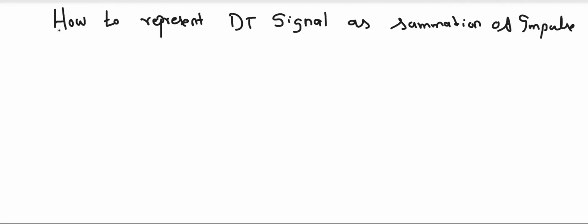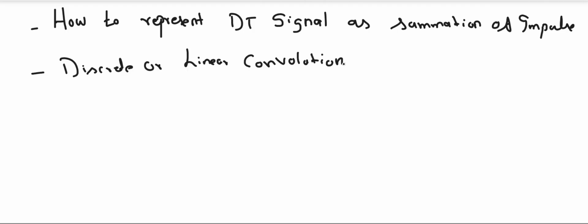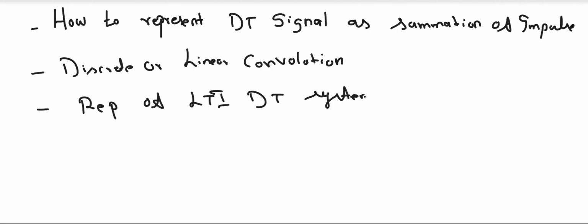So, the objectives for today's session: how to represent a DT signal as a summation of impulses, how to perform linear or discrete convolution, and how to find the response of an LTI DT system using discrete or linear convolution.